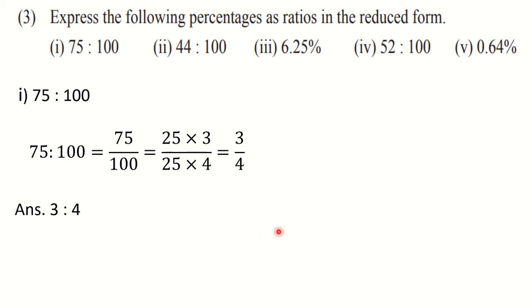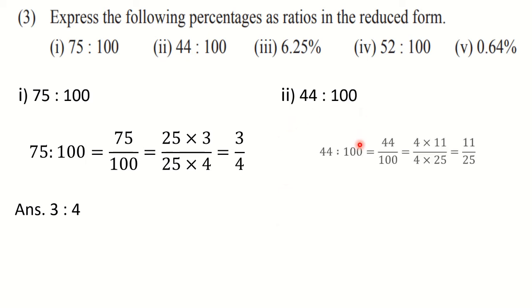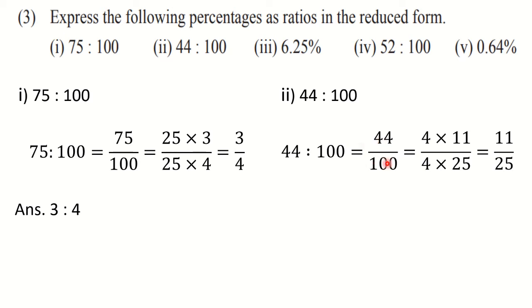Let us go towards the next sum, that is sum number 2. 44 is to 100. Now this 44 is to 100 you can write as 44 upon 100. These two are divisible by 4. 44 we can write as 4 into 11 and 100 we can write as 4 into 25.